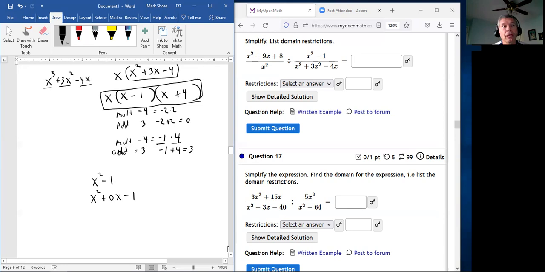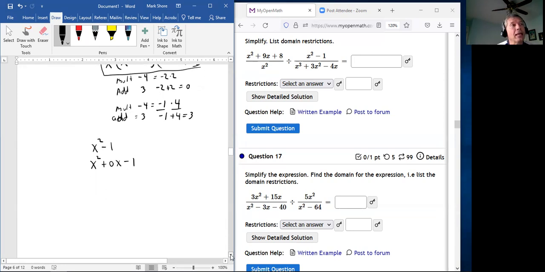Okay. So now what we do is, we play the same game. The x squared breaks into x and x, and now we need factors, two numbers that multiply together to give me -1 and that add up to 0.